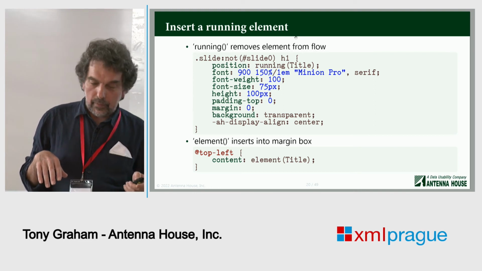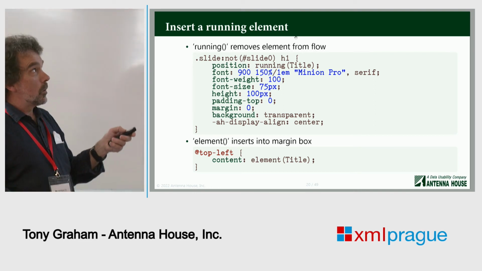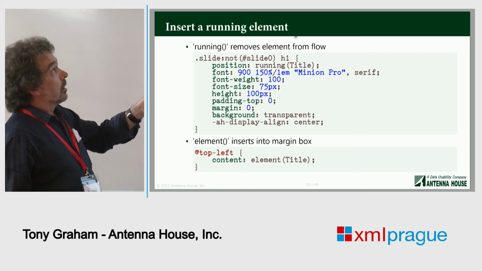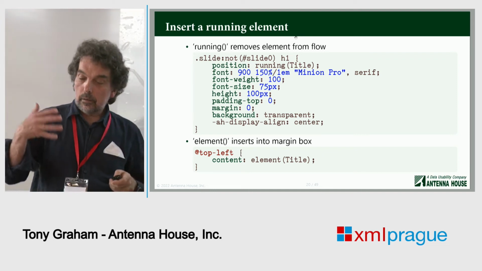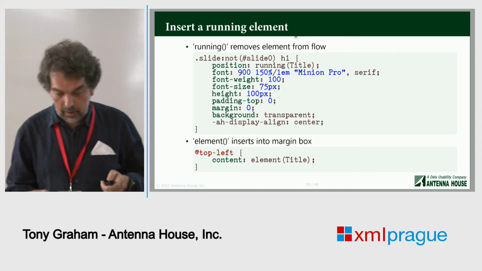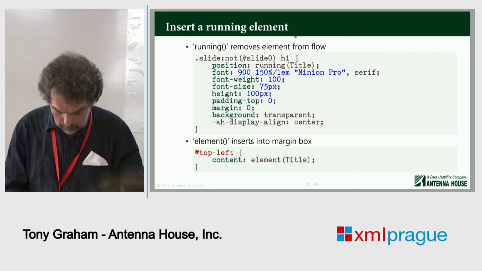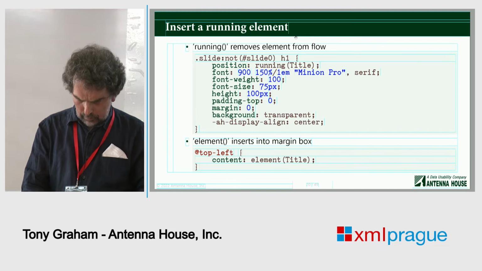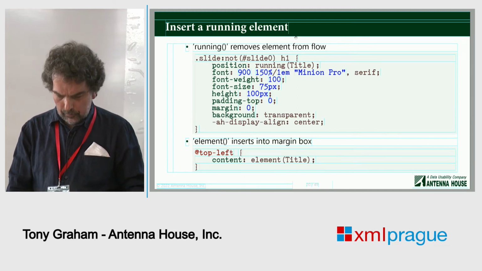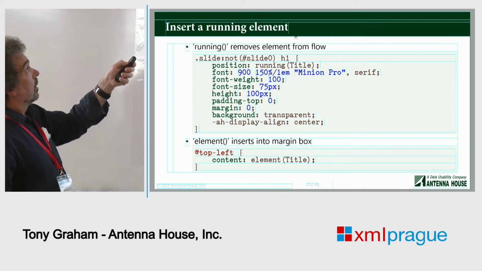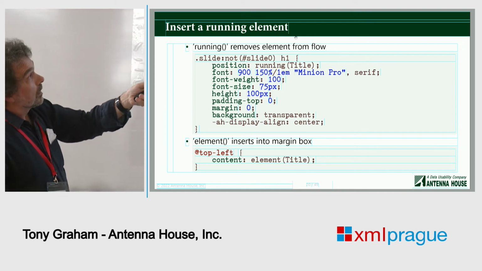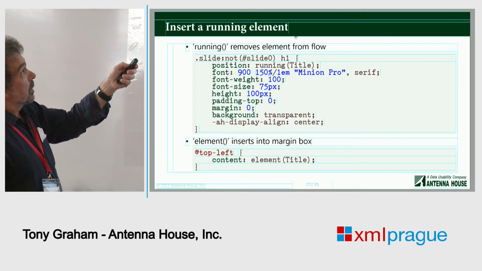So, in very poor accessibility, that is a running element in the page margin box on this page. In fact, that's the element. You can see the box for the page margin box.